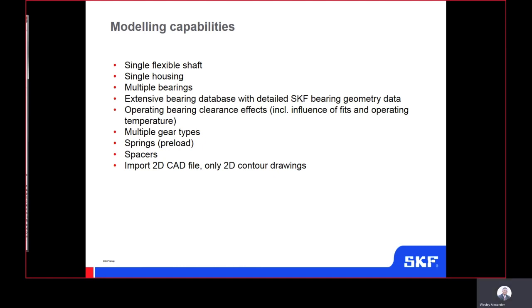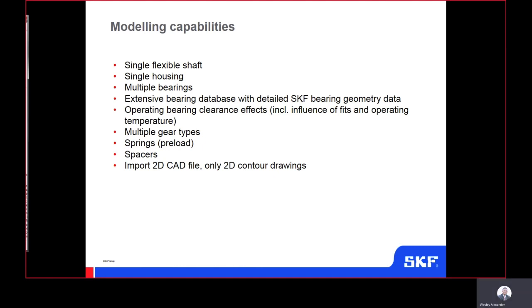You can model multiple gear types. You can add a spring for preload. You can add spaces, and you can add or import a 2D file such as a CAD drawn shaft, for example. That way you would not have to redraw that in SimPro Quick.